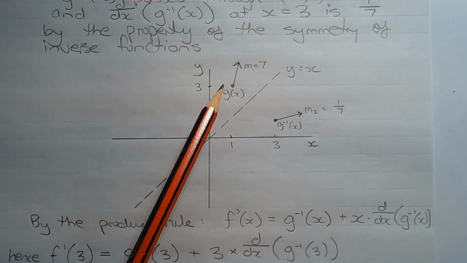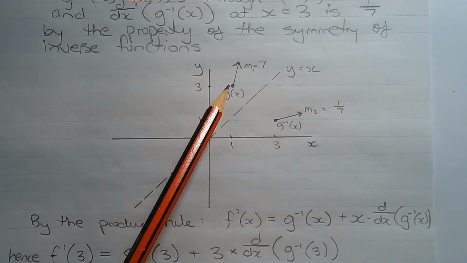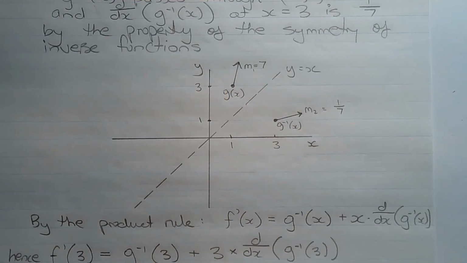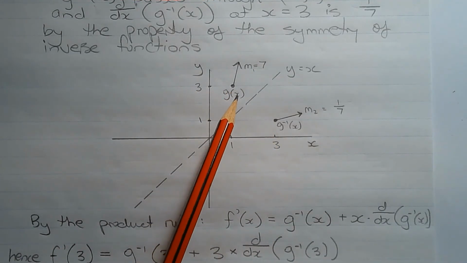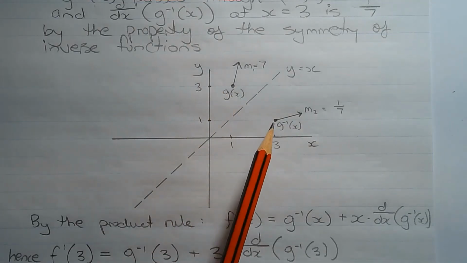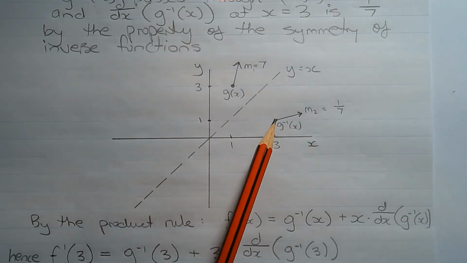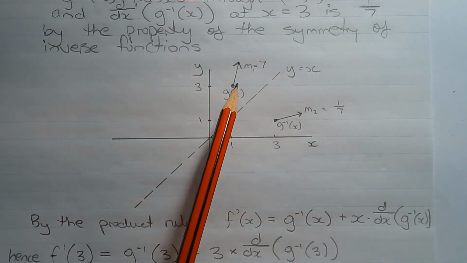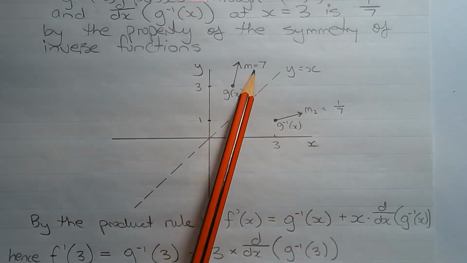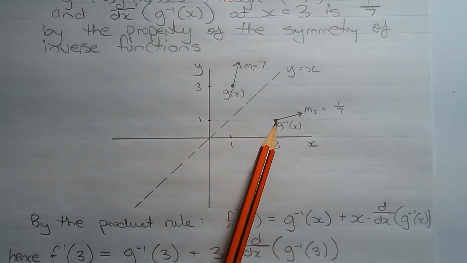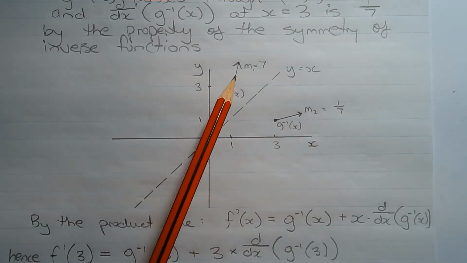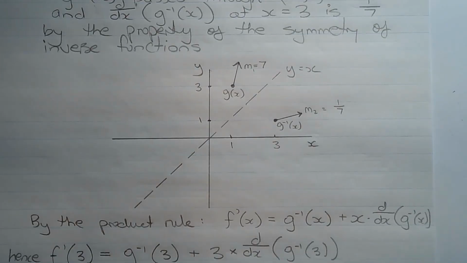So here we have 2 points, one point being reflected in the line y equals x. So this is a point on the curve y equals g of x, and this is the reflected point on the curve y equals g inverse of x. So notice that the gradient at this point is 7, and the gradient at this point is 1 over 7. So one tangent is a reflection of the other in the line y equals x.